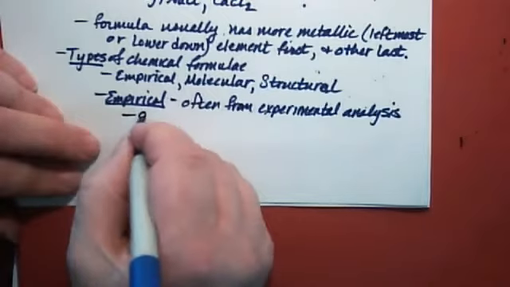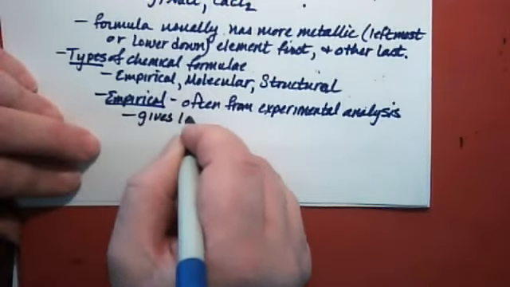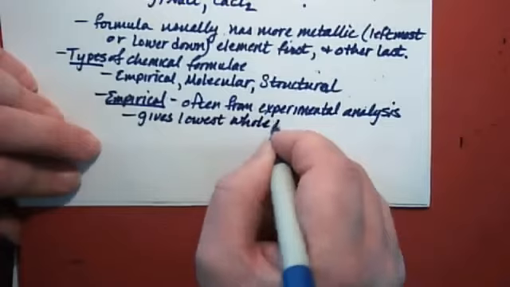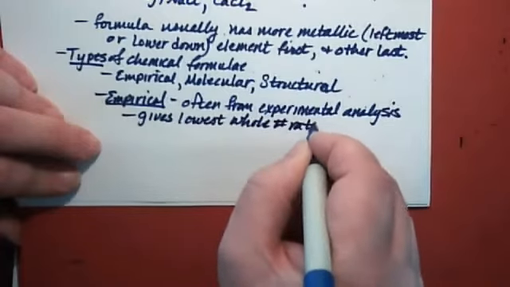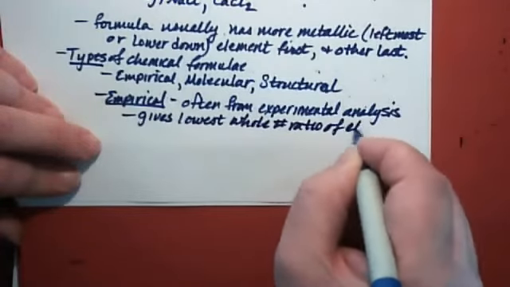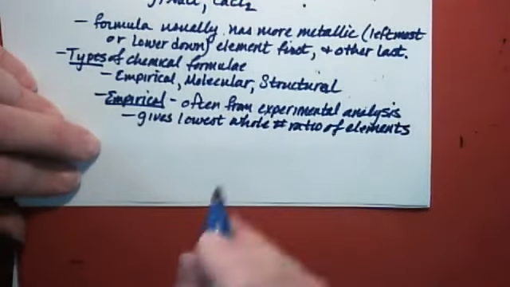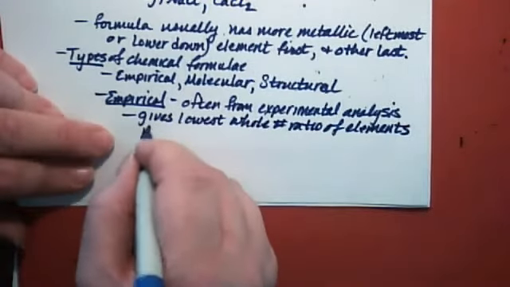The empirical formula is a statement of the lowest whole number ratio of the elements present in a compound.